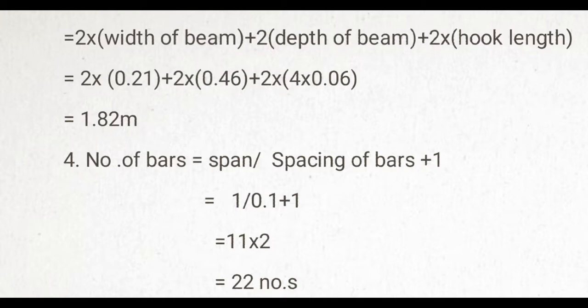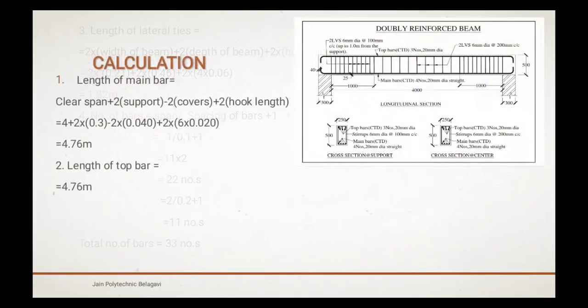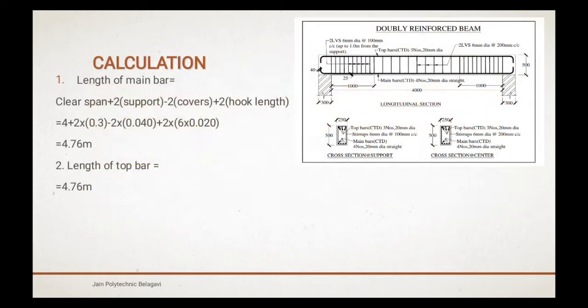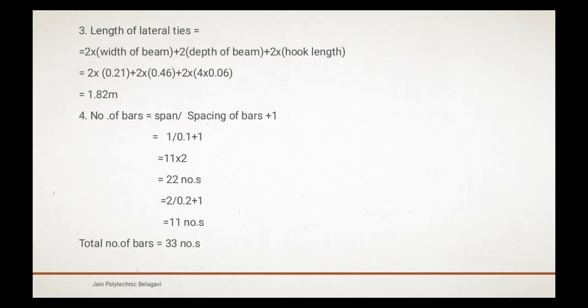Similarly, 2 into depth of beam: the depth is 0.50, minus cover 0.04, so we got 0.46. Similarly, 2 into hook length: we add 4 times the dia for a 6 mm dia bar. So the length of lateral ties comes to 1.82 meter.